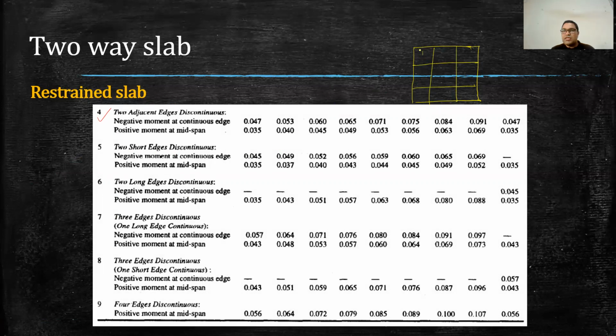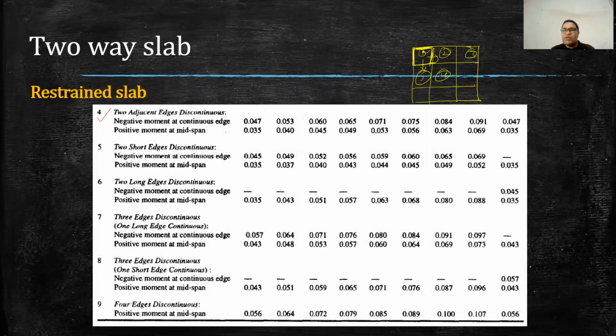one slab, say slab 1, 2, 3, 4, 5. So if I consider these blocks as slab 1, 2, 3. In this case, if I consider slab 1, what I can say is that two edges of this slab, this edge and this edge, are discontinuous, while the other two edges, like this one and this one, are continuous.